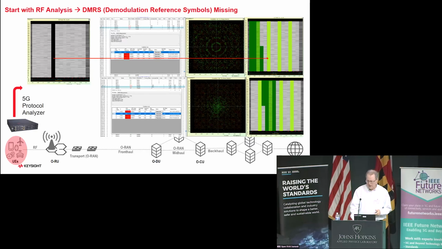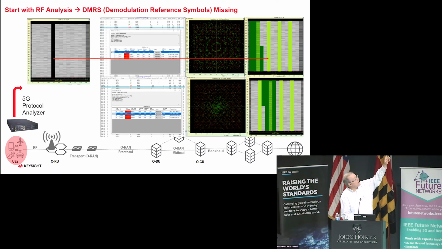Well, if we continue on a little further, if we look at that burst we looked at a minute ago, each of the transport blocks that's transmitted are made up of code blocks. And in this particular burst, we can see these red boxes. There are 3 code blocks that went into the transport block here. And so what we can see here is the reason that the constellation is a mess is because this light green stripe on the far right, that's where the DMRS, the pilots, are in the PDSCH burst.